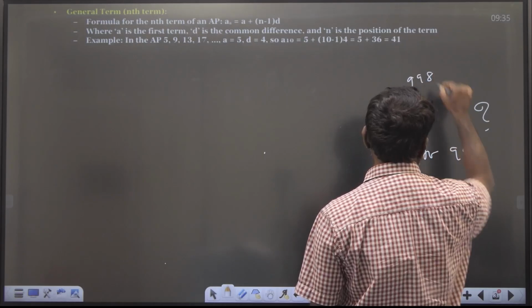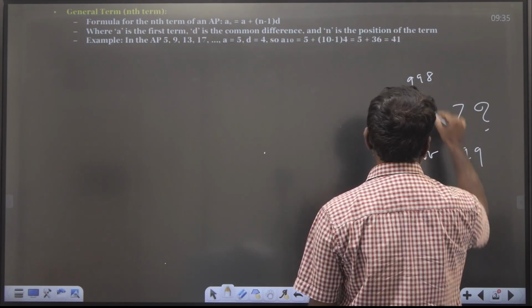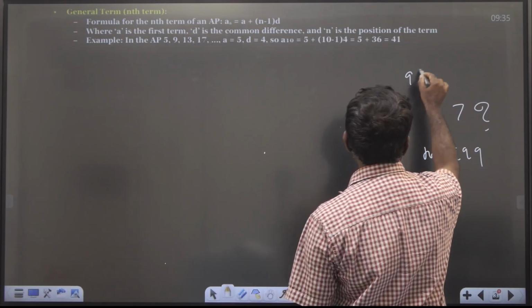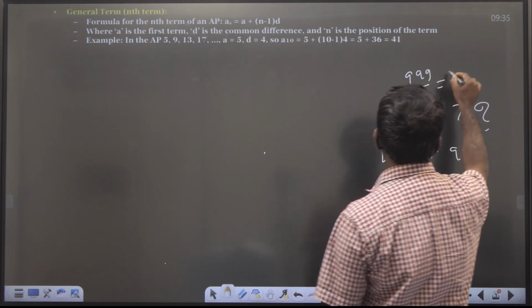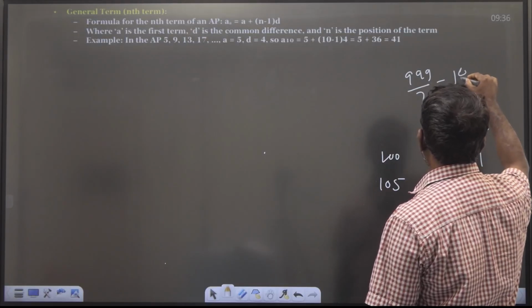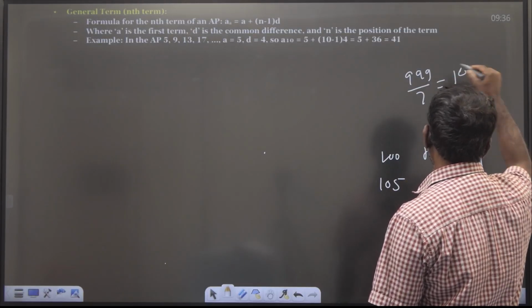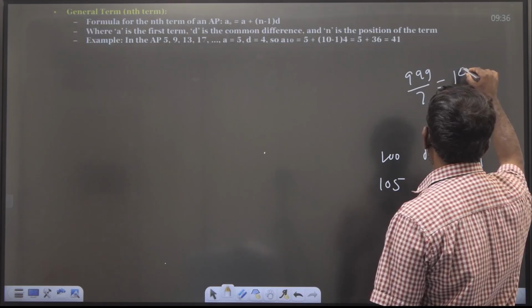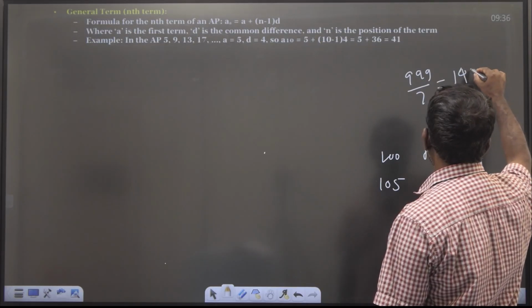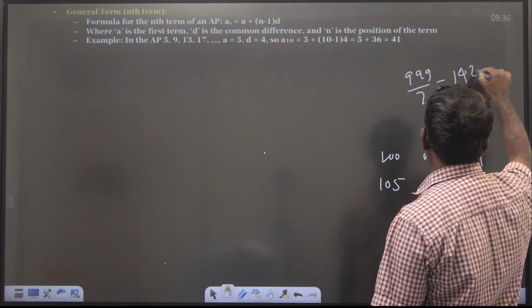First we check 999 divided by 7, that is 142 times, remainder 5.